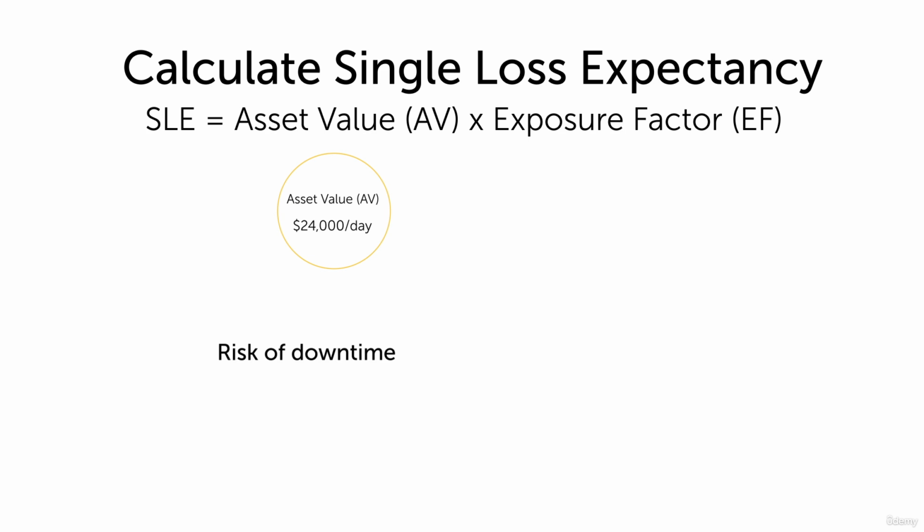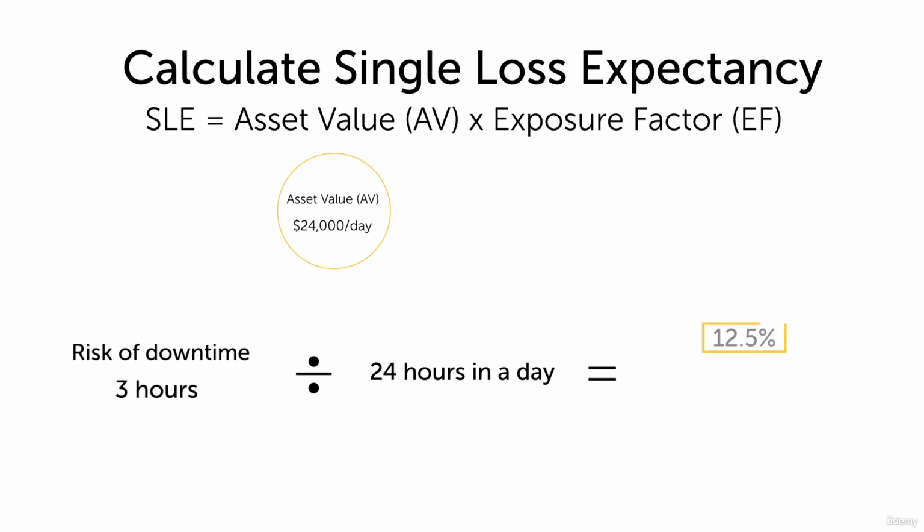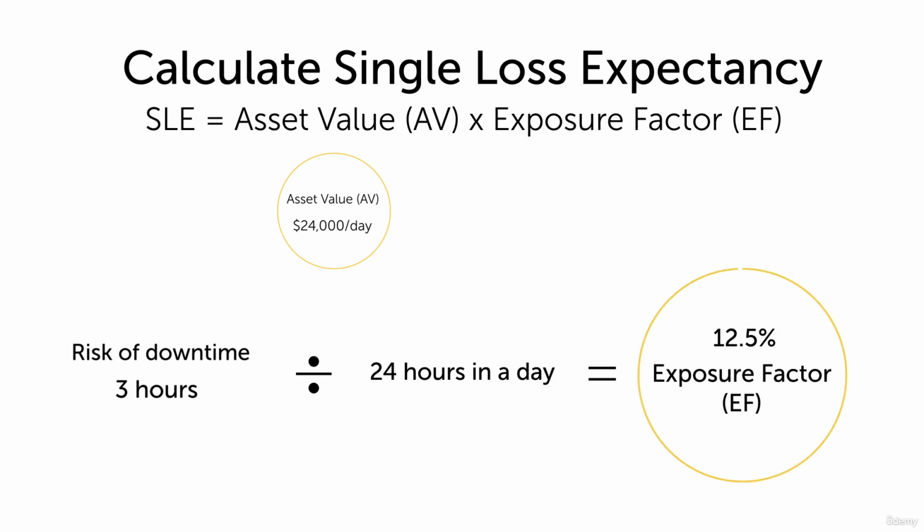And from past experiences, we have learned that on average, when our e-commerce website goes down, it's down for about 3 hours. So if we take 3 hours and divide it by 24 hours within a day, we get 12.5 as a percentage. That's our exposure factor.